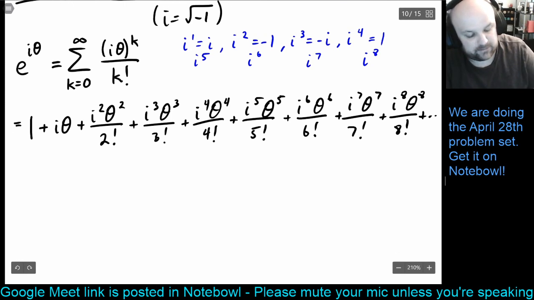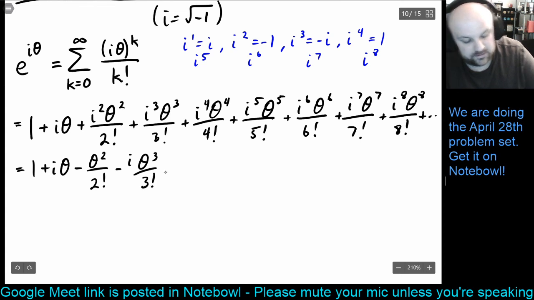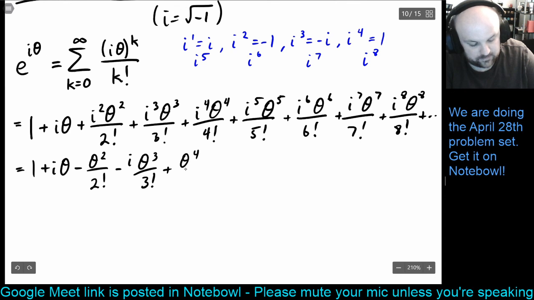So let's get rid of all these powers of i and turn them into just 1 or i. So here we'll get 1 plus i theta, minus theta squared over 2 factorial, minus i times theta cubed over 3 factorial, and then i to the 4th is just 1, so plus theta to the 4th over 4 factorial.